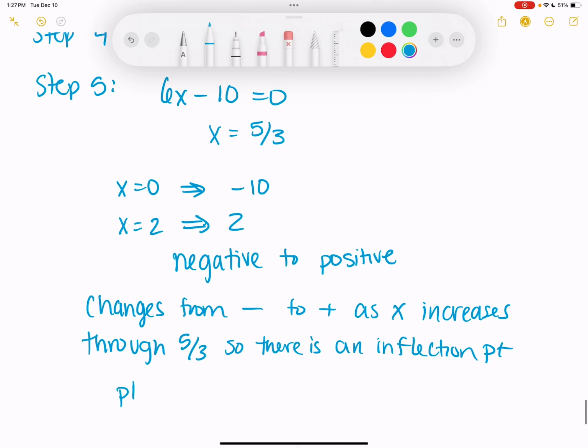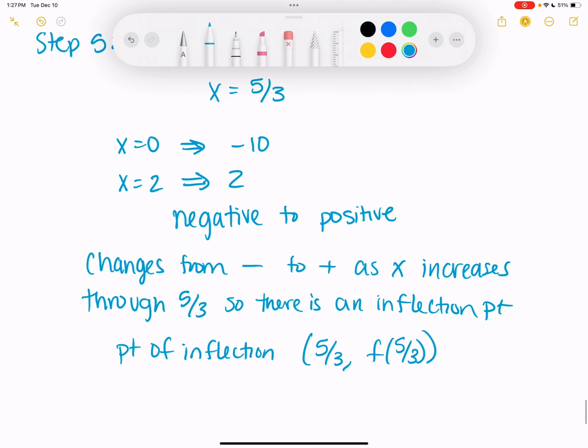And that point of inflection is 5/3 and f of 5/3. When you plug that in, it would be 5/3 and 47 over 27. I'll draw the little graph that goes with it tomorrow.